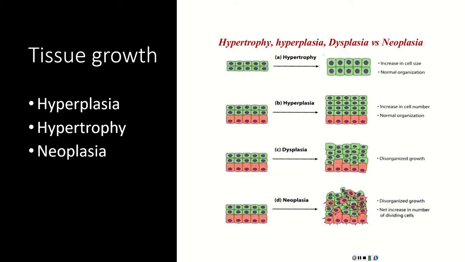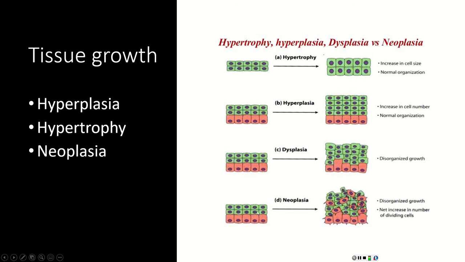Well, here we have a lot of cells that are dividing to produce more cells that are still dividing. So we have an increase in the number of dividing cells. And even though we're having an increase in the number of dividing cells, the result is more dividing cells and a really, really disorganized product.